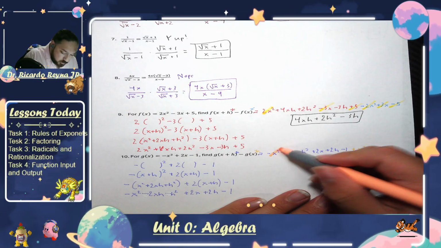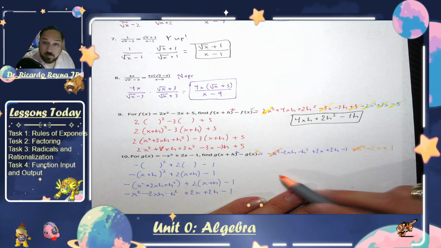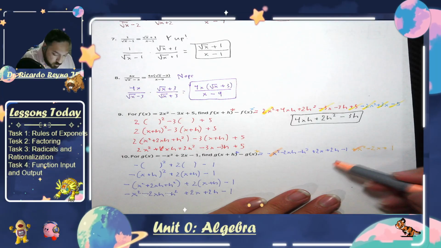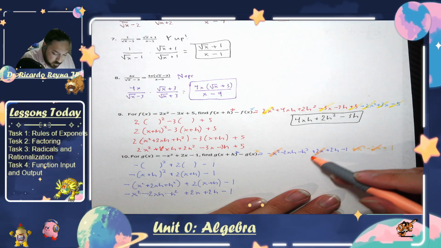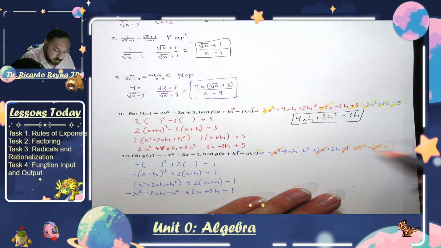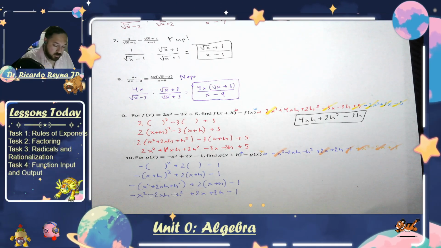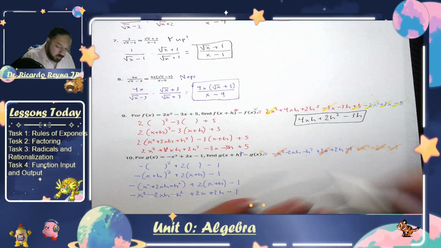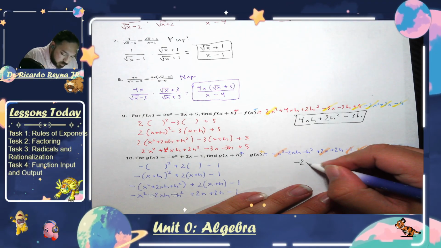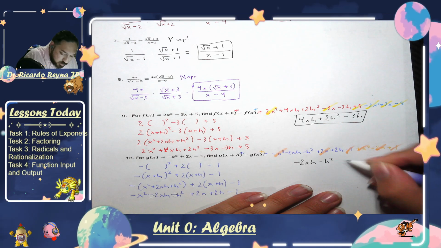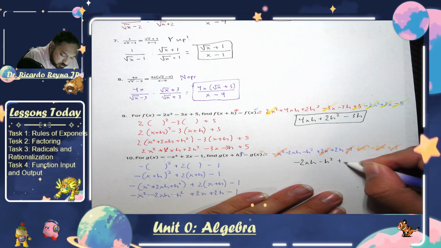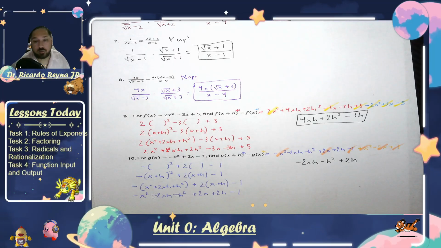We got two sets of x squared where they both cancel out. We have plus 2x and minus 2x that cancel out, and then the minus 1 plus 1. We're left with our final answer. We got negative 2xh minus h squared plus 2h.